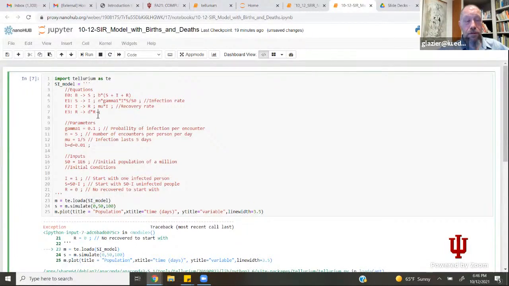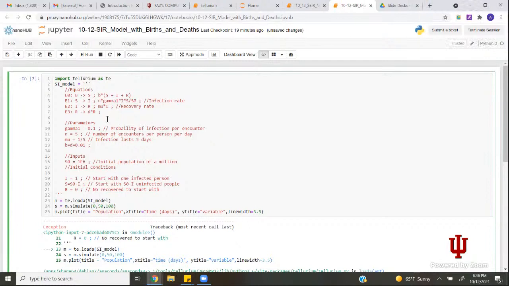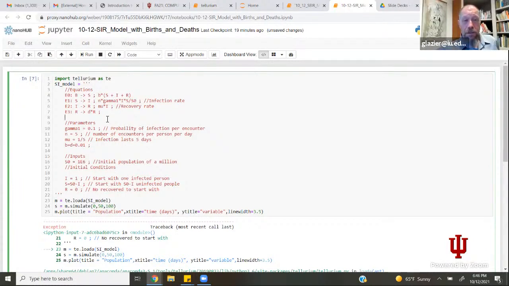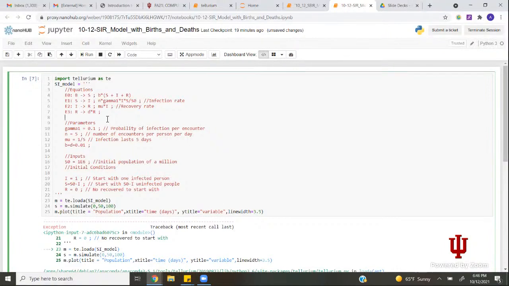So Ali, you tell me, what do you think? What would that do, what you just wrote? Take the fraction of the people dying and multiply it by the people that have recovered? I guess.